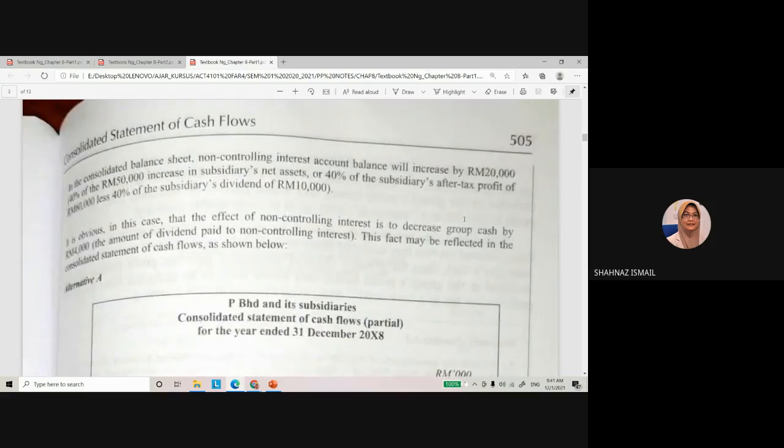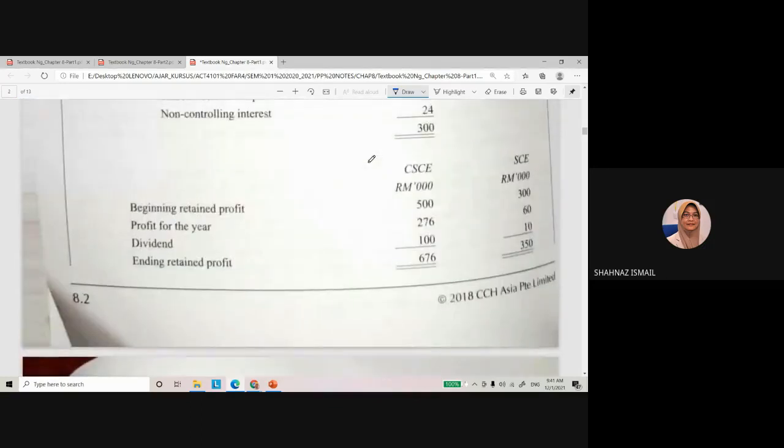Okay, kat sini kata the NCI in balance sheet, okay, it will be 40% of 50,000. Okay, so the 50k is this.